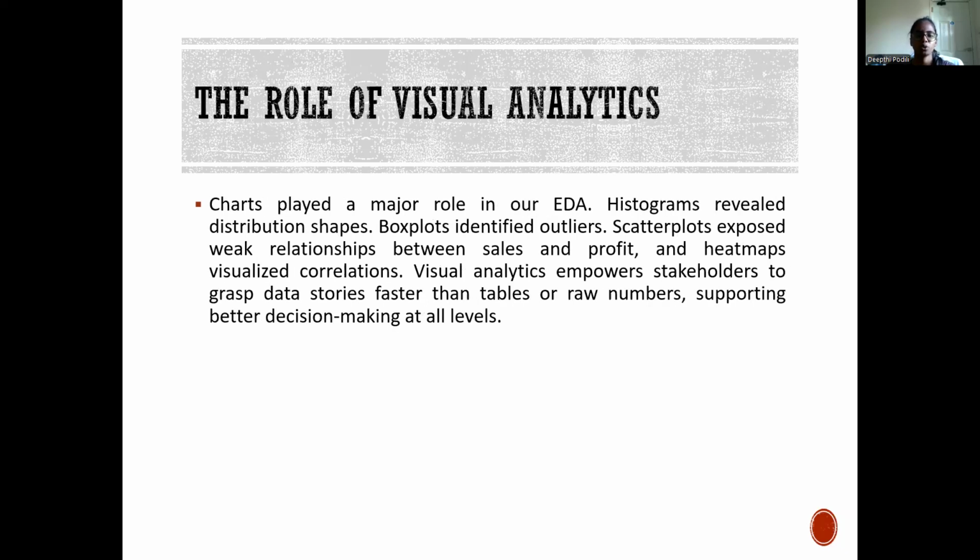So the main visual analytics used in our exploratory data analysis are: histograms reveal distribution shapes, box plots identify outliers, scatter plots expose weak relationships between sales and profit, and heat maps visualize the correlations.